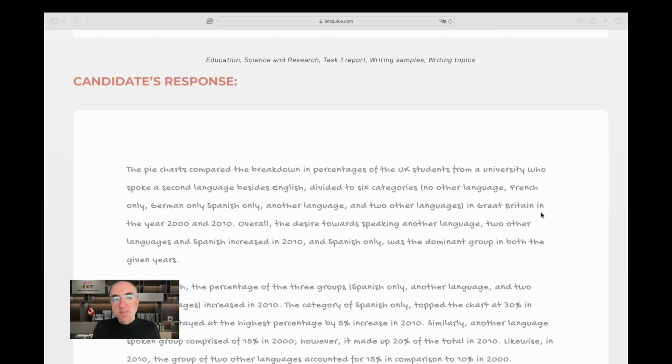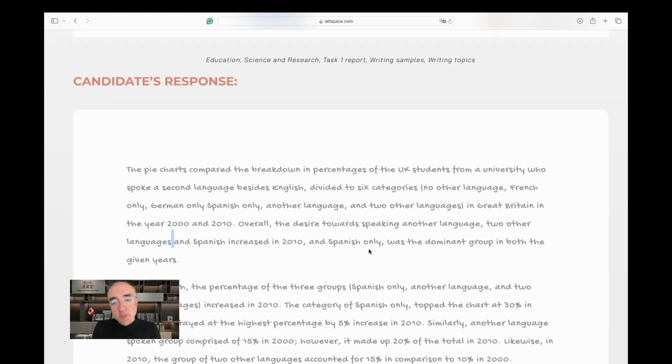In Great Britain, in the year 2000 and 2010, maybe in the years 2000 and 2010. Overall, the desire to speak, not words, the desire to speak another language, 2 other languages, another comma here, and Spanish increased in 2010.